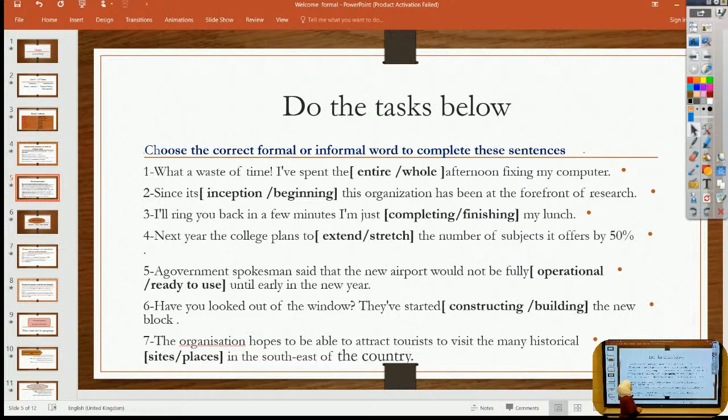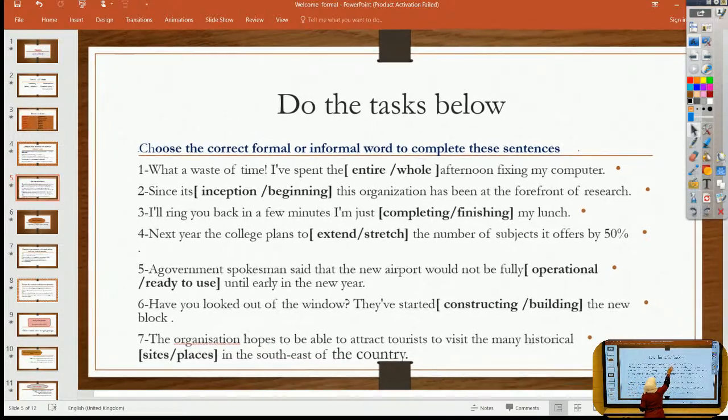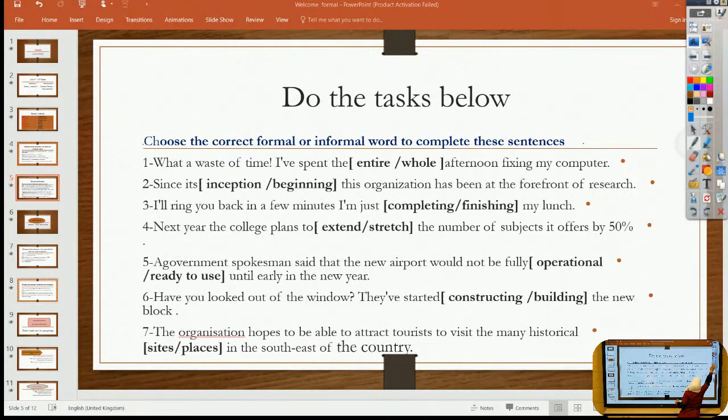Choose the correct formal or informal word to complete these sentences. Okay? Here we only have to choose. What a waste of time I've spent. I'm talking here also about myself. So here we need to choose informal. What a waste of time. I spent the whole afternoon fixing my computer.